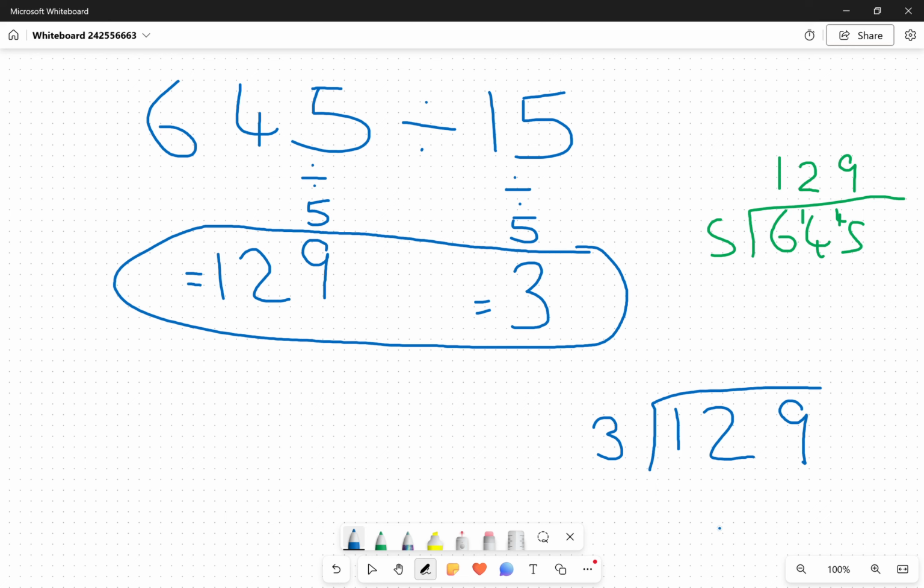So we'll call the 2 a 12. How many 3s go into 12? That is 4. Nothing left over. How many 3s go into 9? It is 3. So the answer to the whole question, 645 divided by 15, was 43. We essentially simplified the question to make it more straightforward.